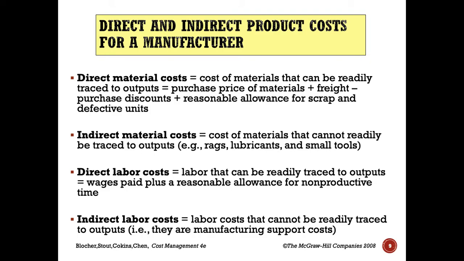Direct and indirect labor costs. Direct labor costs include the labor used to manufacture the product or to provide the service, plus some portion of non-value added time that is normal and unavoidable, such as coffee breaks and personal time.